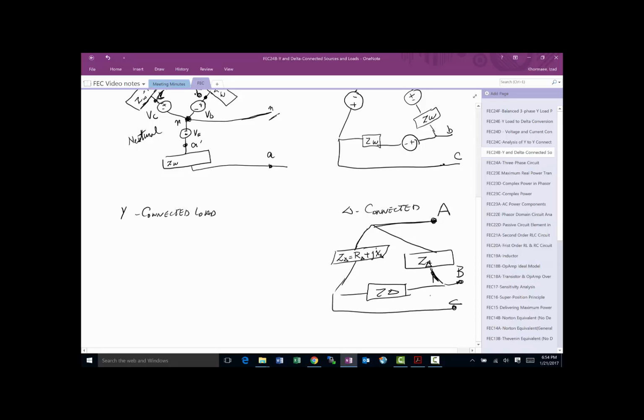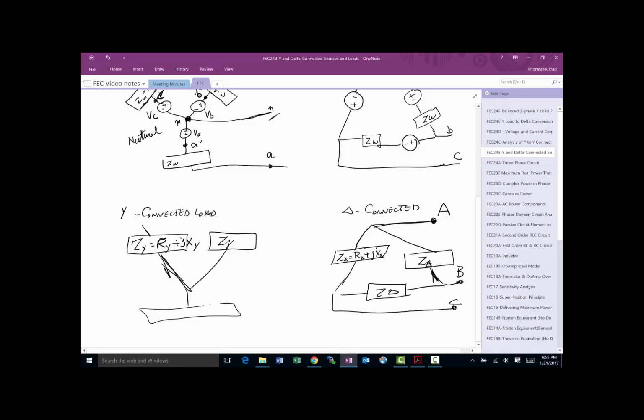When you come over here, it's the same concept, except the loads, yeah, you're still going to have Z. This time we're going to refer to it as Z of Y. Z of Y is going to be, of course, R of Y plus J X of Y. And again, since I want to have a balanced circuit, all three loads better be exactly the same, or else it will not be balanced.